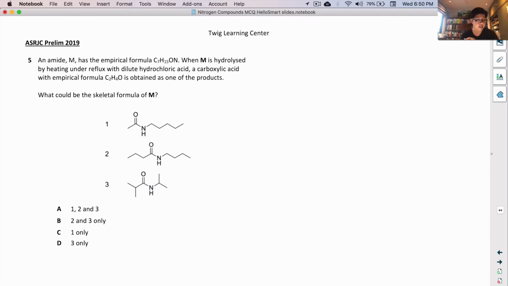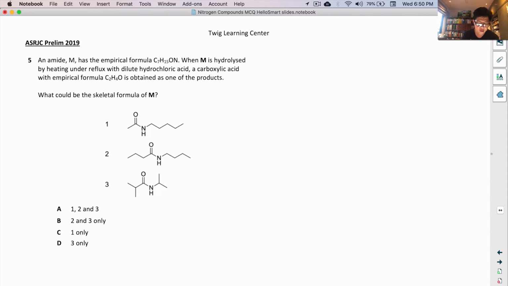Amide. This amide, M, has an empirical formula. When M is hydrolyzed by heating under reflux with dilute acid, a carboxylic acid with this empirical formula is obtained. So what could be the skeletal formula of M?